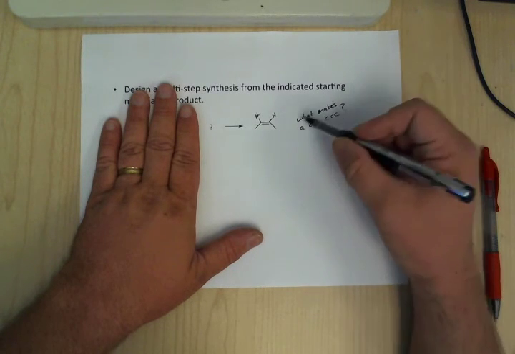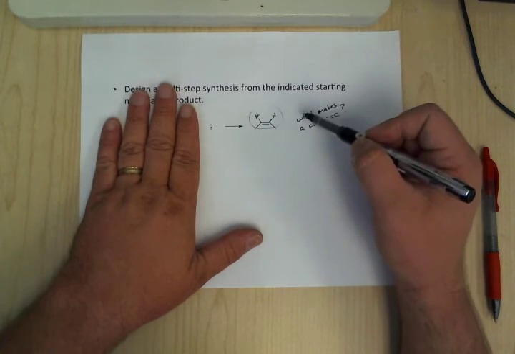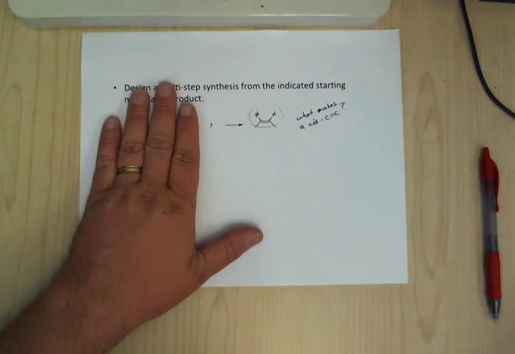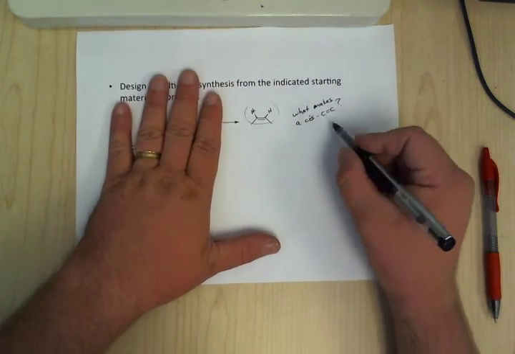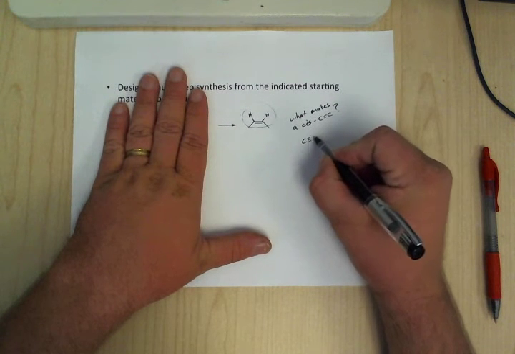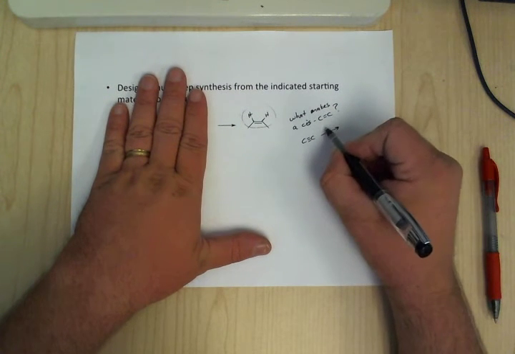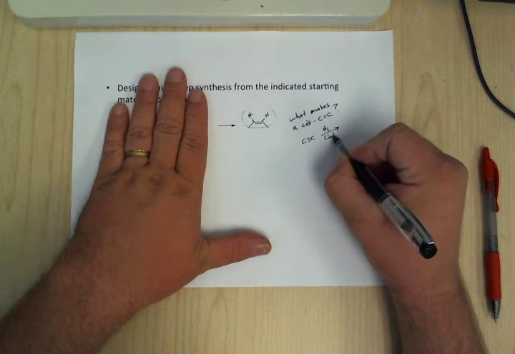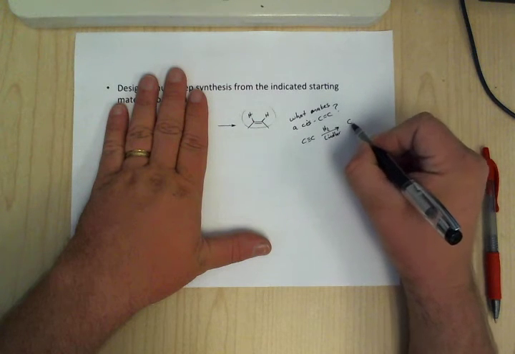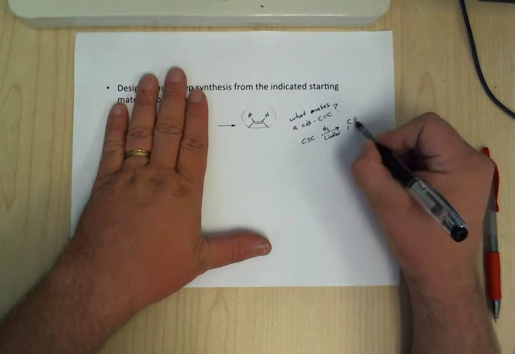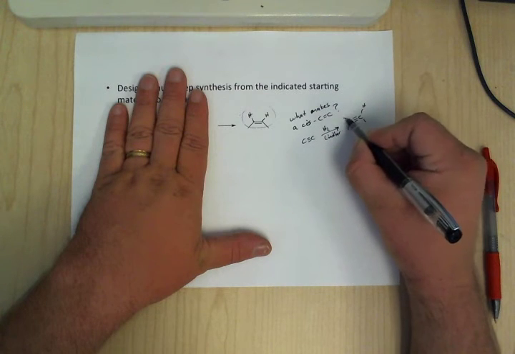That's what you really need to ask yourself. The functional group that gets put in. And you have to go back to your list: you take a triple bond and then you react it with H2 Lindlar. That makes the cis double bond.